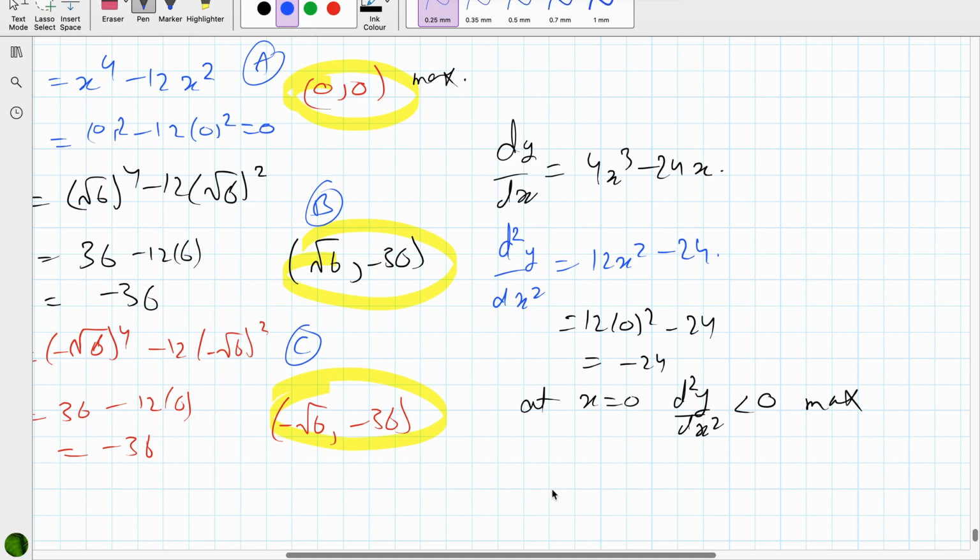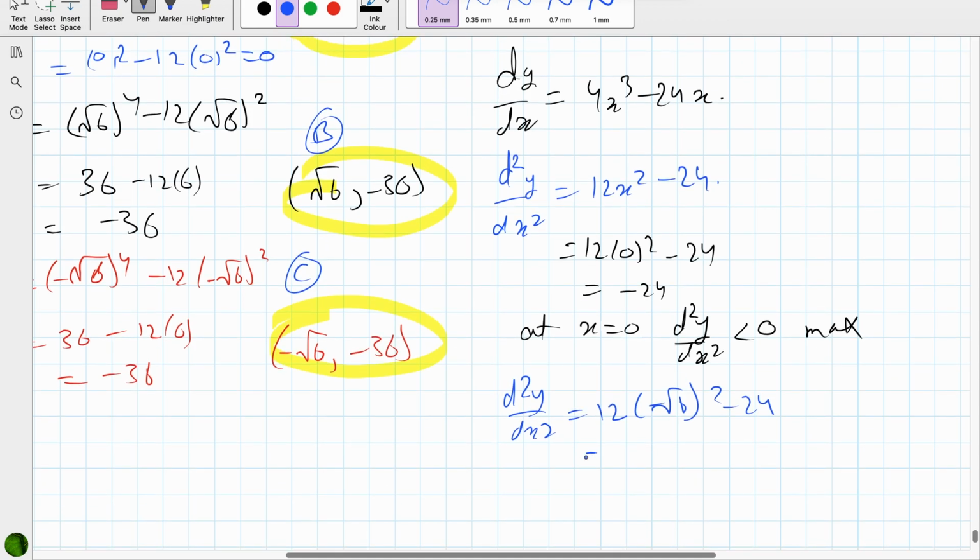Checking for the remaining points. d square y over dx square is equal to 12 into square root 6 whole square minus 24. 12 into 6 minus 24.